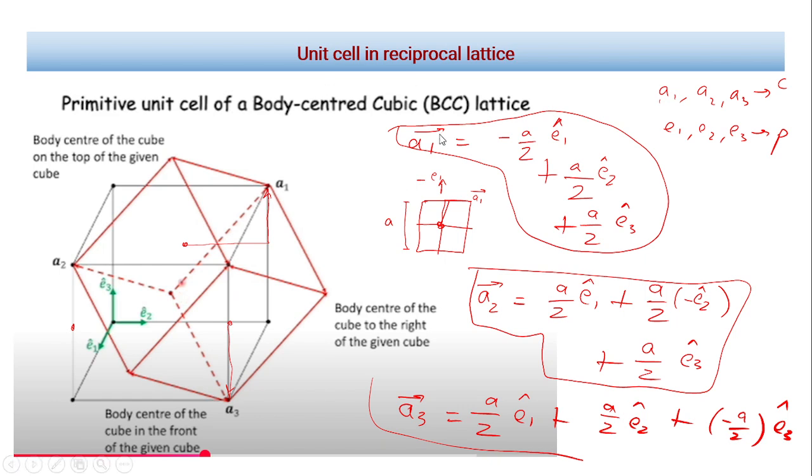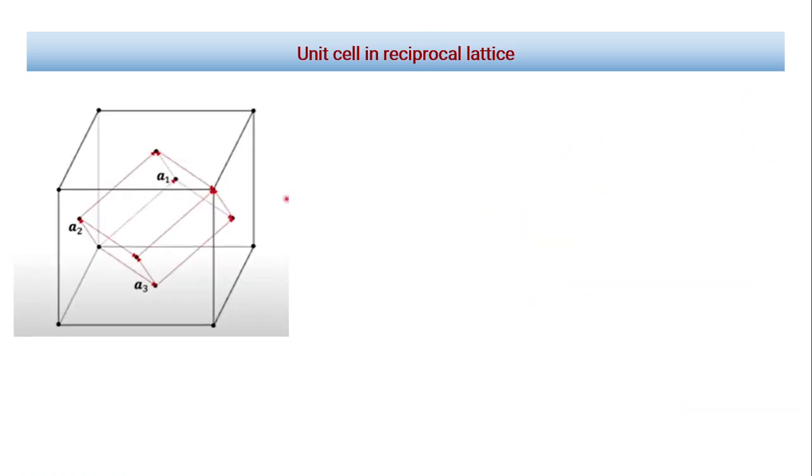And then later we'll see that this is the lattice vectors for primitive BCC in real space, and how to get the corresponding reciprocal lattice vectors for these. Yeah, so we already got our A1 for BCC. We are doing it for the BCC primitive unit cell.